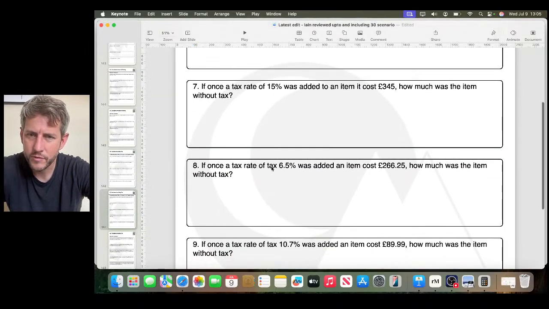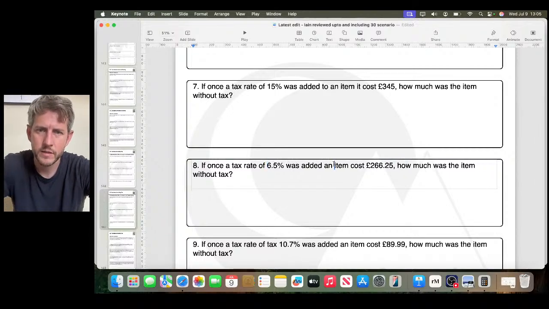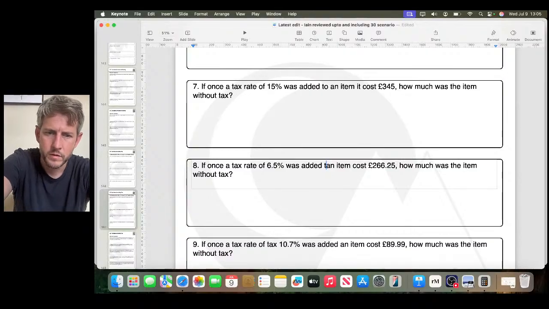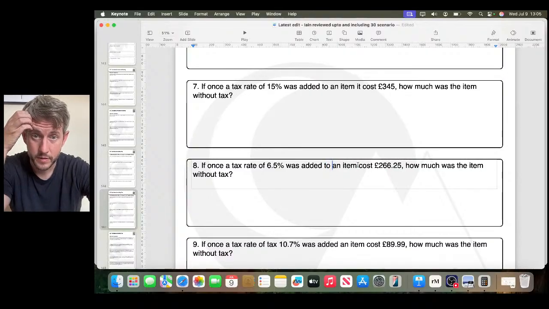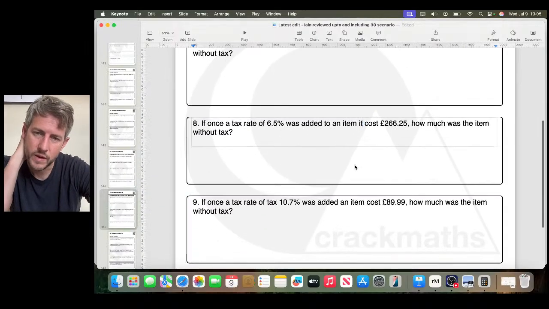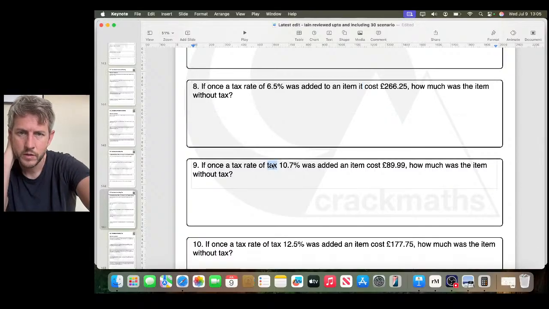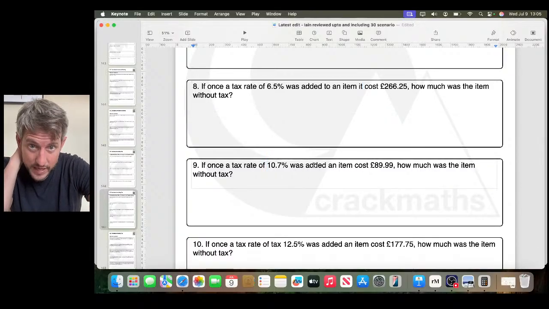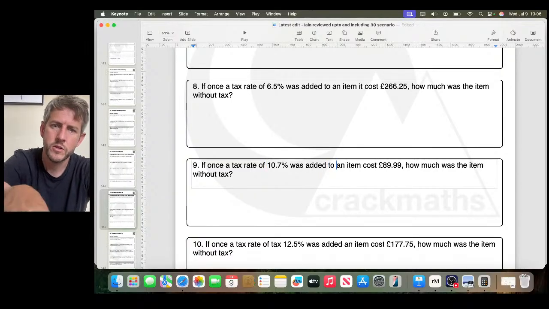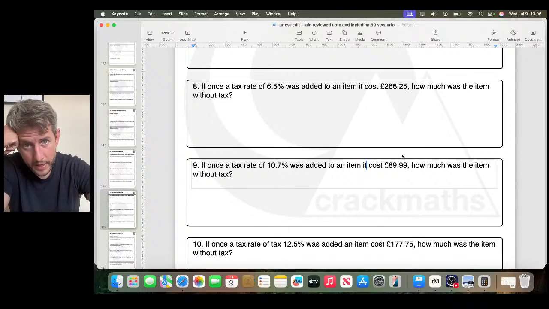If once a tax rate of 60.5% was added to an item, it cost... how much was the item without tax? If once a tax rate of 10.7% was added to an item, it cost $89.99.